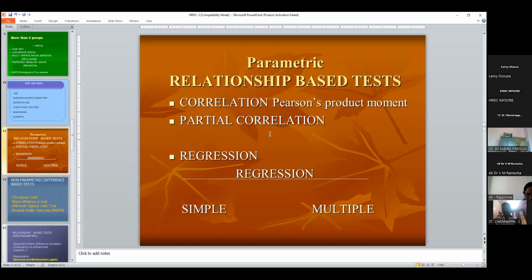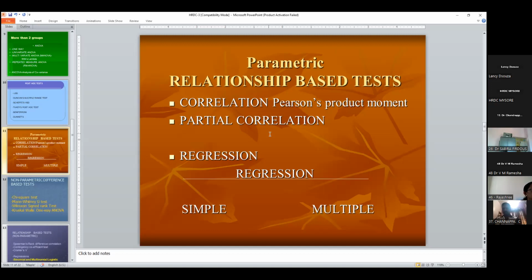Then you might get a major predictor. Whatever variables we have entered into the equation may not all predict academic achievement. Only a few of them might predict the academic achievement of the student. In such cases, we use a regression method called multiple regression, where several independent variables predict a single dependent variable.